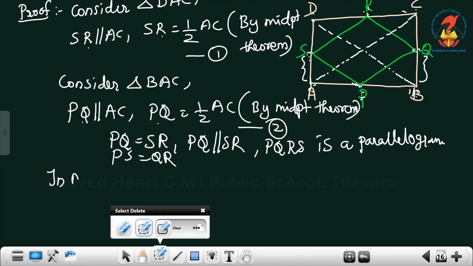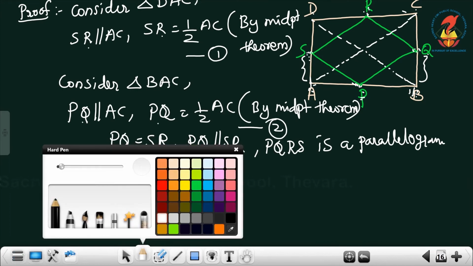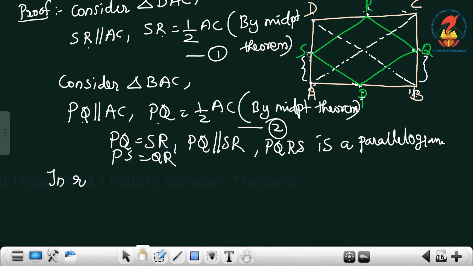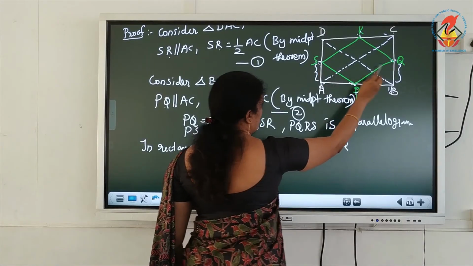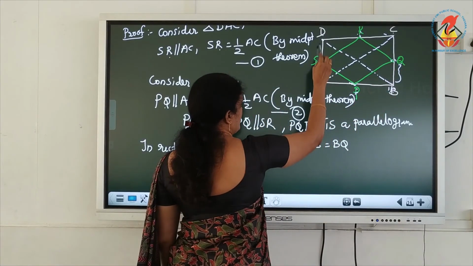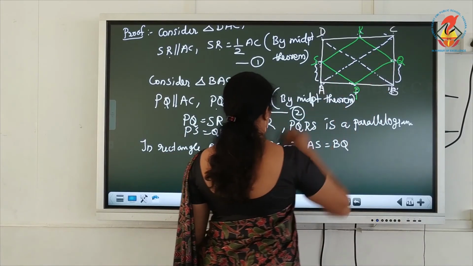In rectangle ABCD, AD equal to BC, this implies AS equal to BQ, because S and Q are the midpoints of AD and BC.